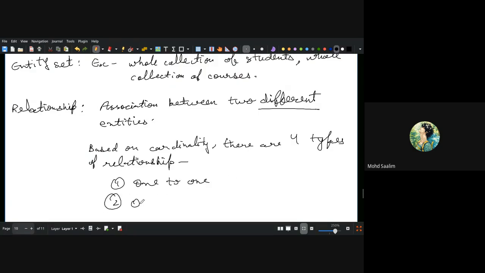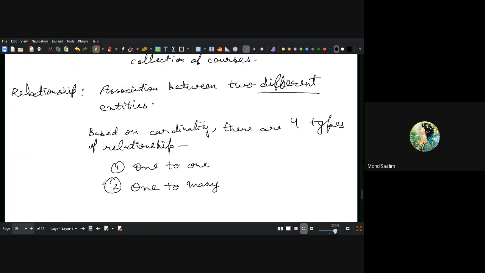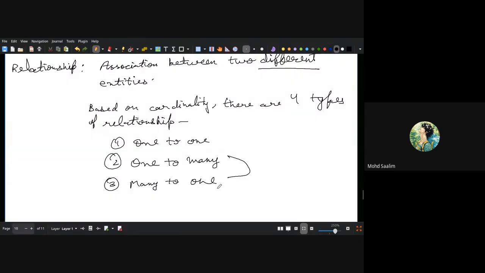The second one is one to many. The third one is many to one. This is subjective. Maybe the two can be the same, because the second one shows that the left one is having one and the right one is having many, and the third one is just the opposite of that. So you can define them in the same way just by swapping the left entity with the right one. And the last one is many to many.